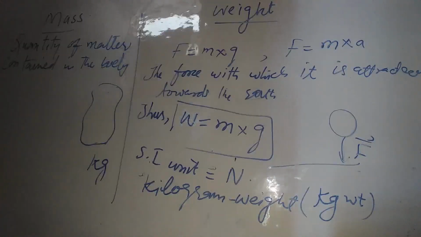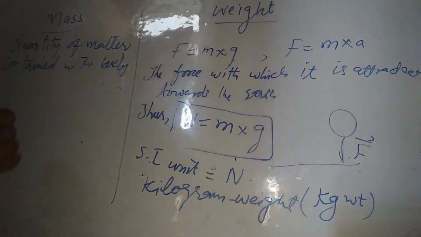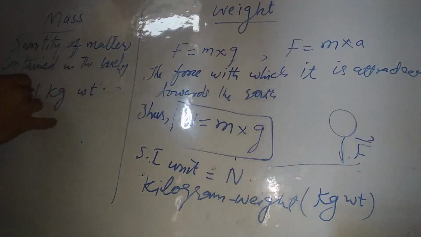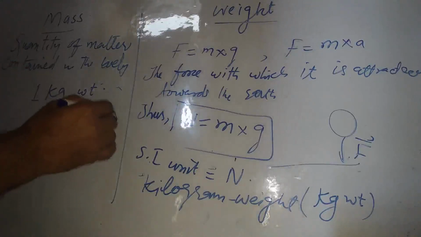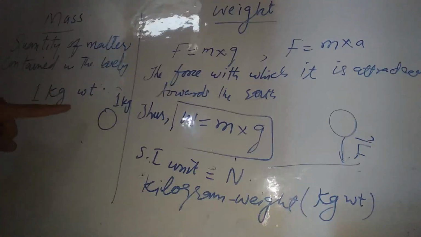तो 1 किलोग्राम वेट कितना होगा? So 1 kilogram weight is that gravitational force. 1 kilogram weight is that gravitational force that acts on a body of mass 1 kg. Okay, for example, एक body है जिसका mass 1 kg है, तो 1 kg weight कितना होगा?